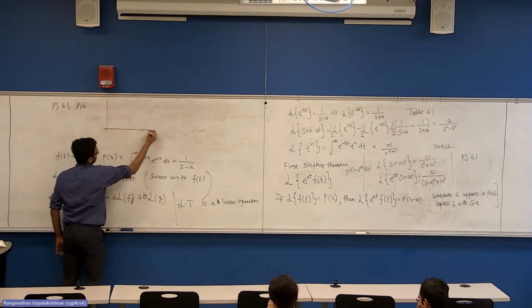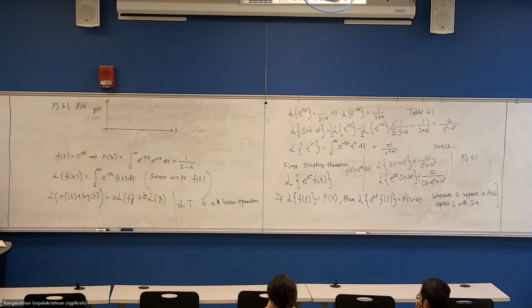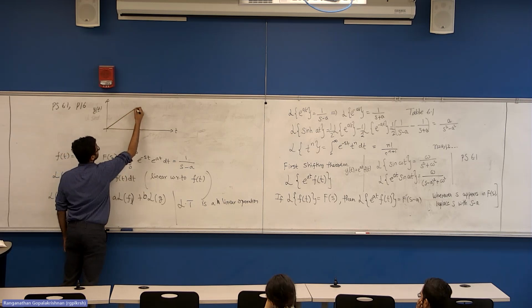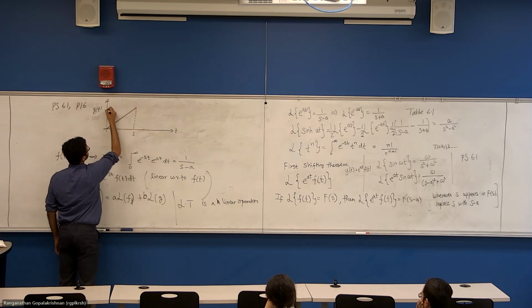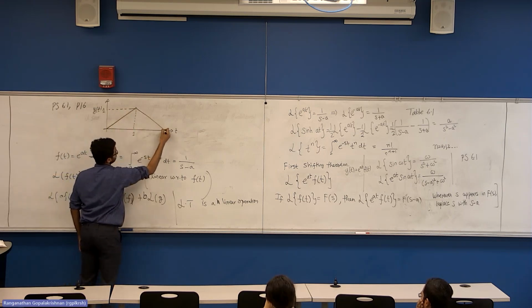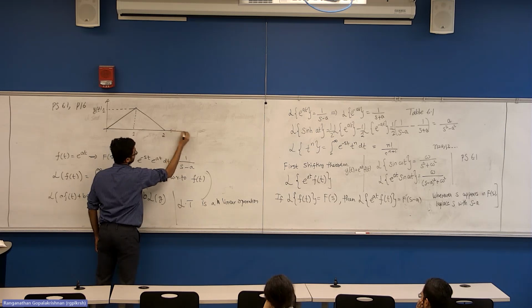The waveform in time domain is given like this. So this is some y of t, or f of t. The function goes from 0 to 1 in a straight line, and then goes from 1 to 0 in a straight line at time 2. And beyond time 2, the function just remains at 0.